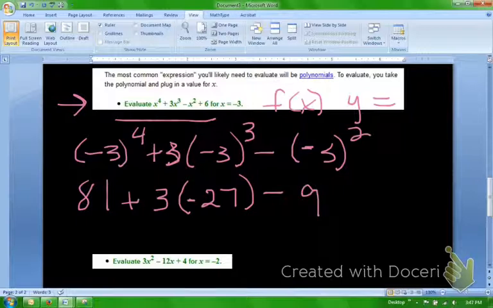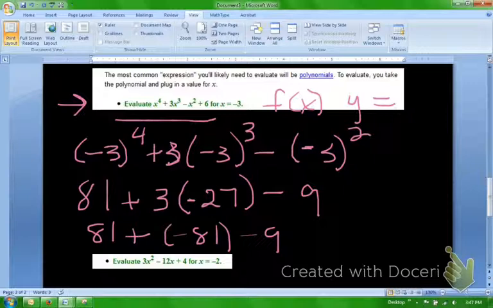Now you're just going to have to go through and do some algebra. So we have 81 plus 3 times -27, which is -81, minus 9. Obviously 81 minus 81 is 0, minus 9 is -9. So not much to it.